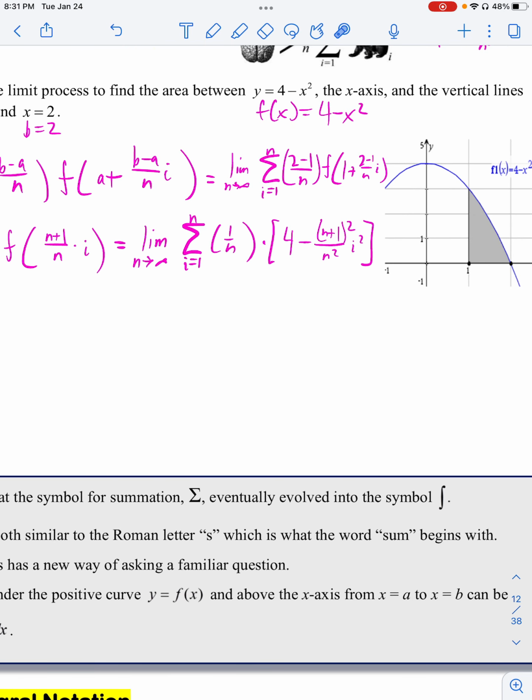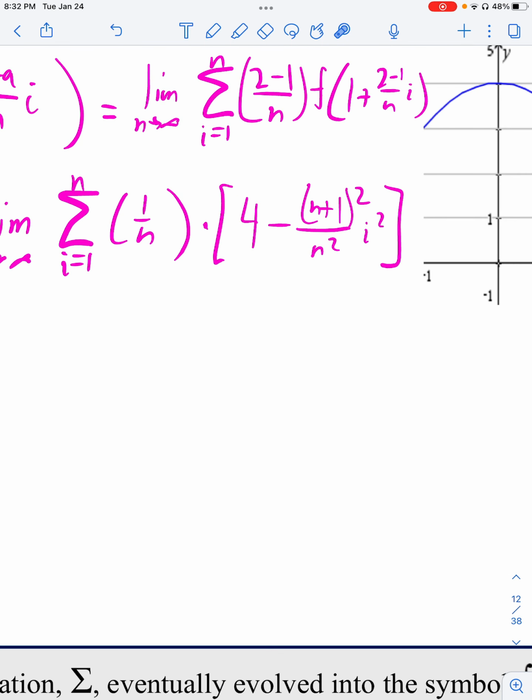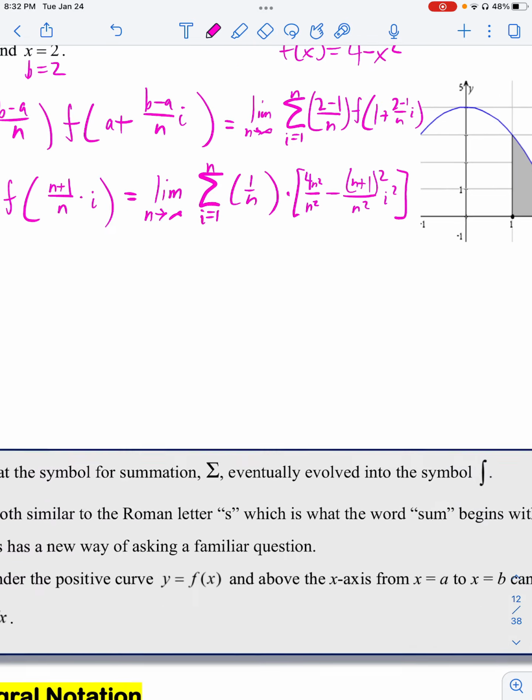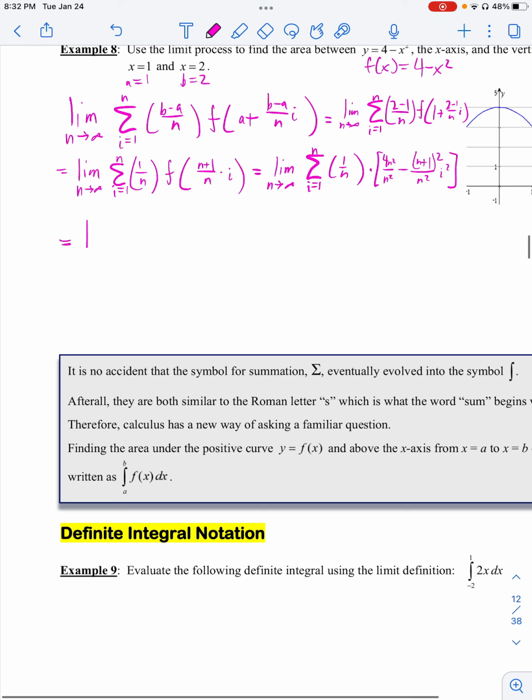It's going to be easiest to evaluate this limit if I combine this 4 and this fraction right here. I want a common denominator, and the common denominator is going to be n squared. So I'm going to rewrite this 4 as 4n squared over n squared. This is a bunch of algebra, guys.